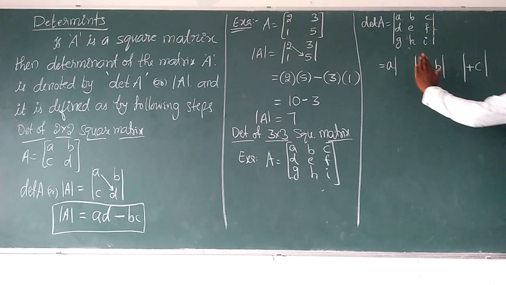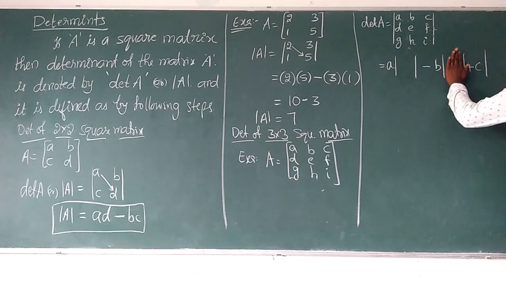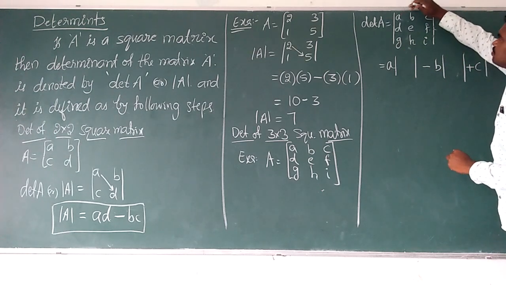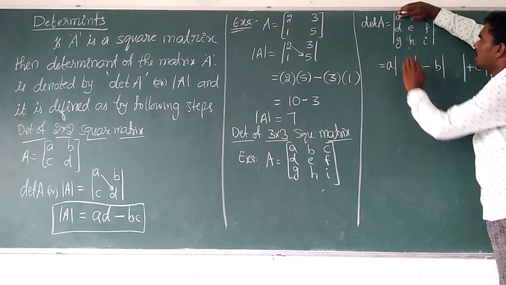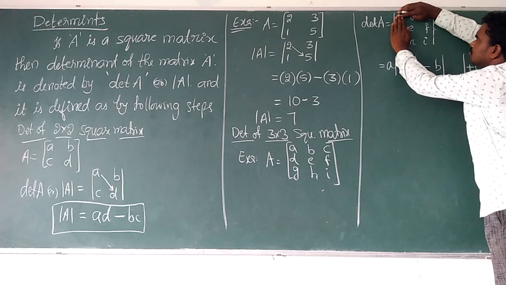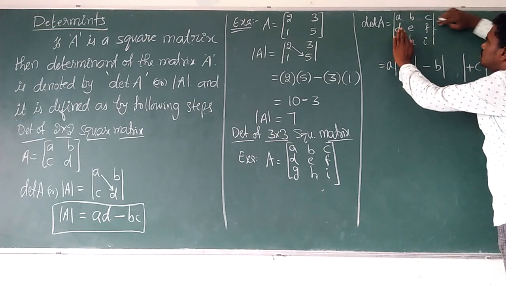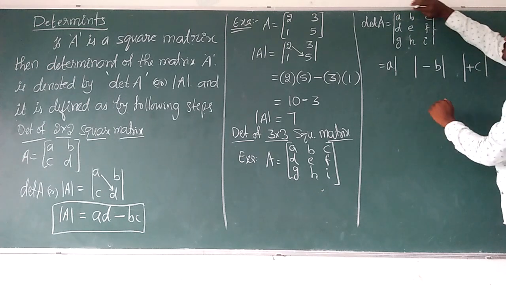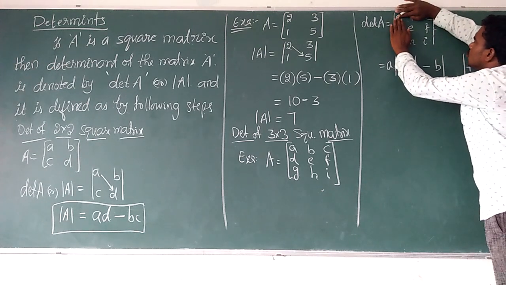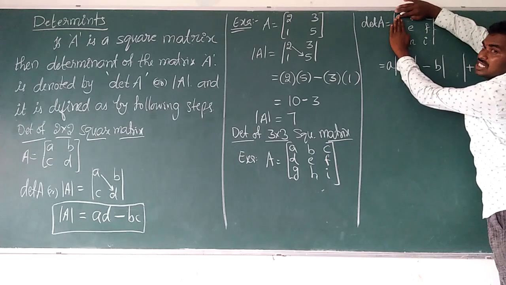And what we have to write in this determinant? See, for A, just close the row of A and the column of A. What are the remaining elements? Just close this row and this column. For A, if you close the row and column, what are the remaining elements?